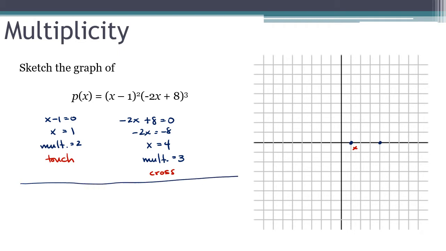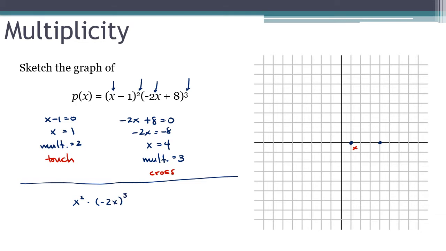All right, so now let's think about end behavior. Remember, end behavior is based strictly on the leading coefficient, and the leading coefficient of the polynomial comes from the leading coefficients of the factors combined with the exponents. So the leading term of this thing will be x squared times negative 2x cubed.